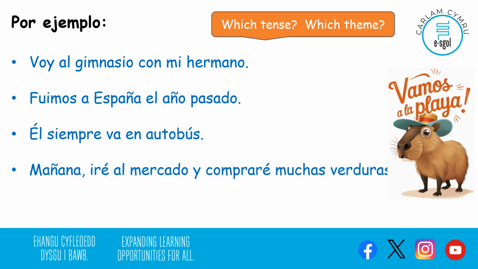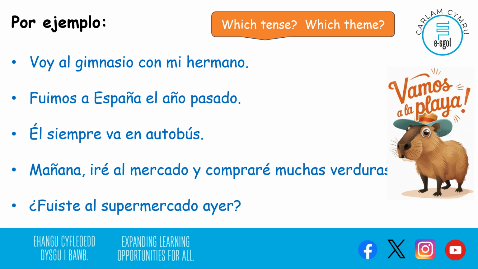Next one. Mañana iré al mercado y compraré muchas verduras. Well, that means tomorrow I will go to the market and will buy many vegetables. So this is the futuro simple and the theme is food or perhaps health and fitness.